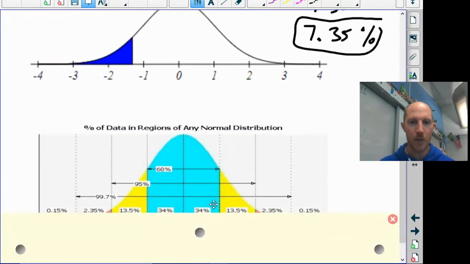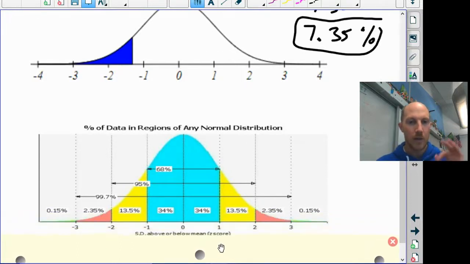Okay, and then just to give us some context, if we think about the bell curve that we've seen before, the first section in the bell curve is like 0.15%. Second section, 2.35%. And so our z-score puts us partway through this next section, right in here someplace. And so we know that the 13.5% of that yellow section, we can't split it half and half because those two chunks of the yellow section are not the same.